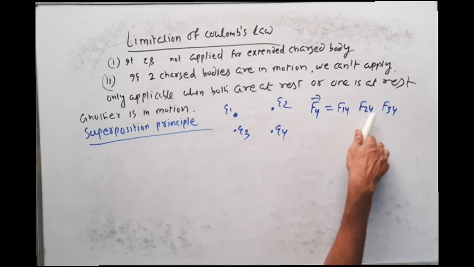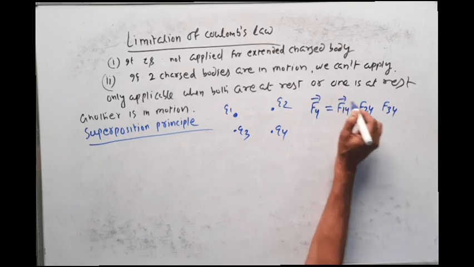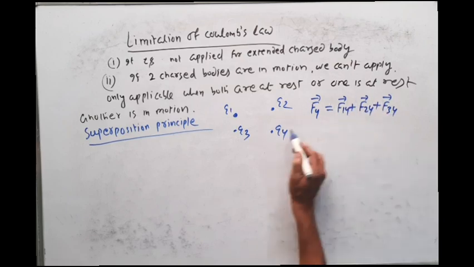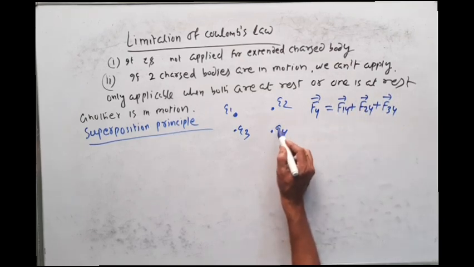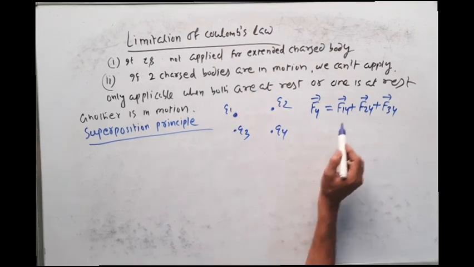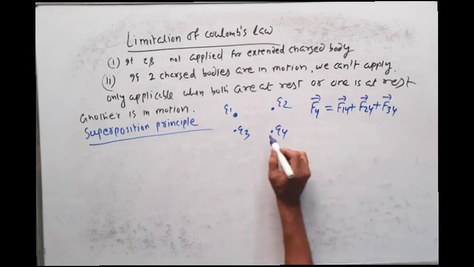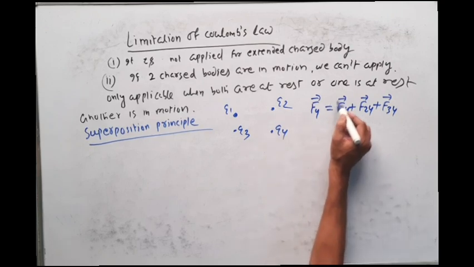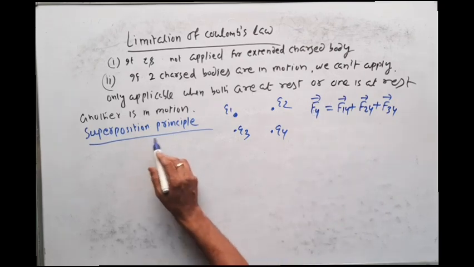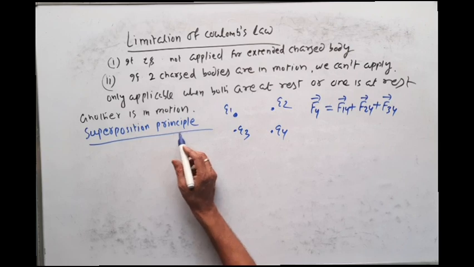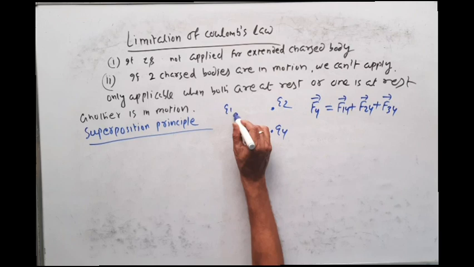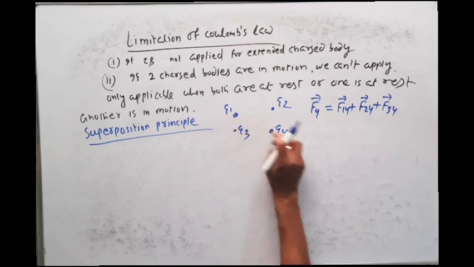And since force is a vector quantity, we will add all these forces vectorially. So this is the total force on any charge due to the presence of other charges. So how will you find? First find the individual force acting on this body, then take the summation. That will give the total force, which is called the superposition principle. Now see, in the presence of other charges, the force between two charged bodies will not change.